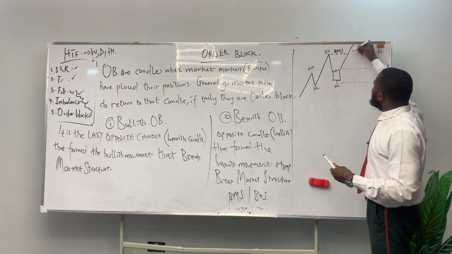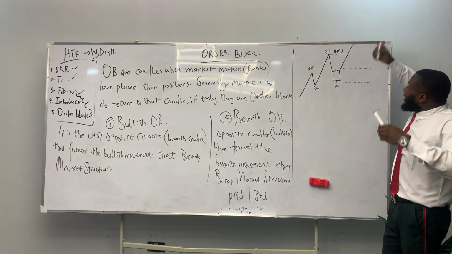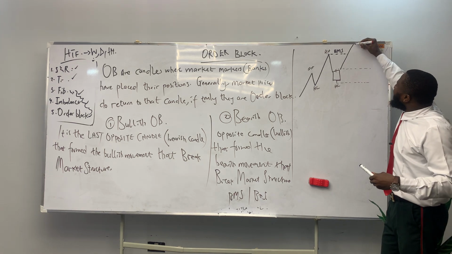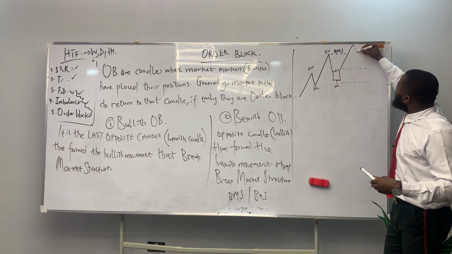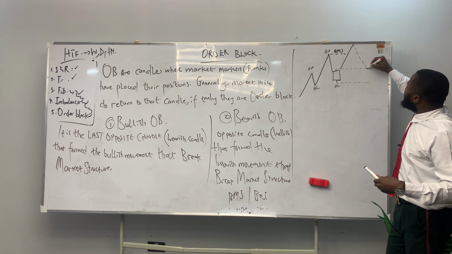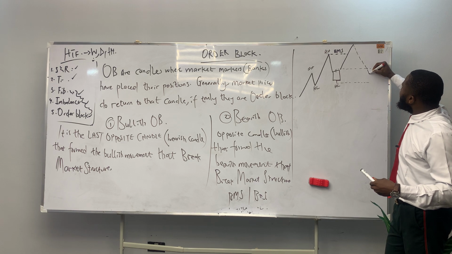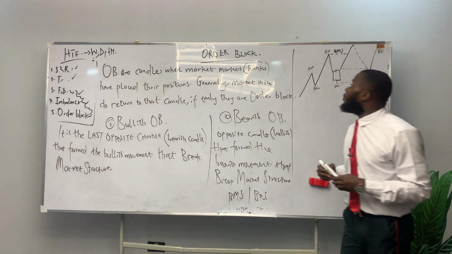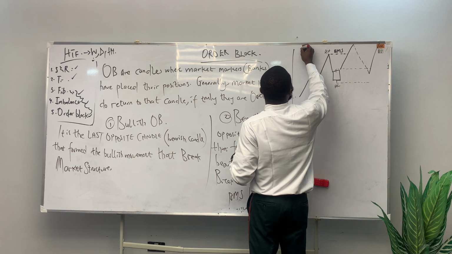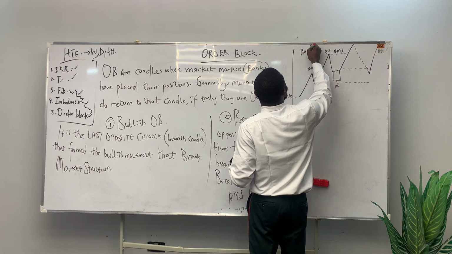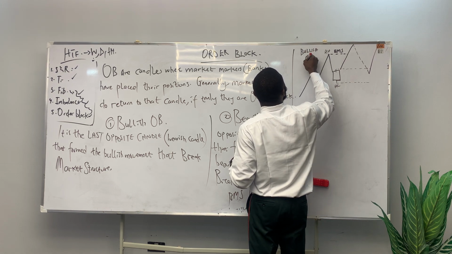We are anticipating that the market will likely come back to this candle, touch it, or come fully before it continues the buy. So this one now is your bullish OB.